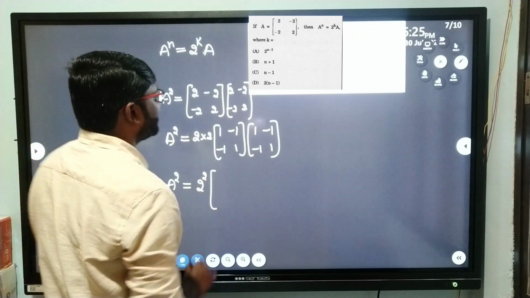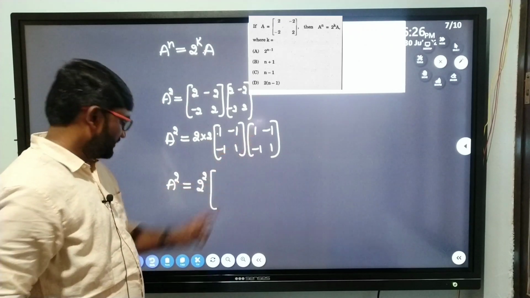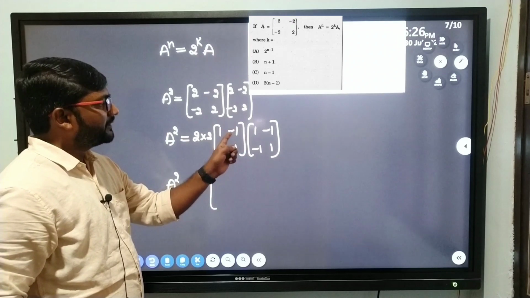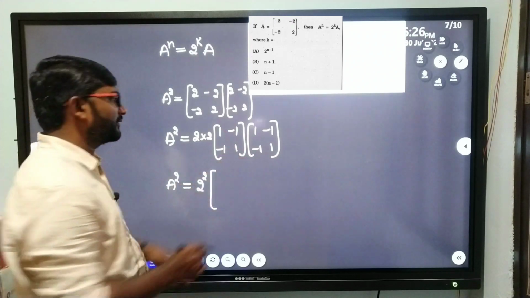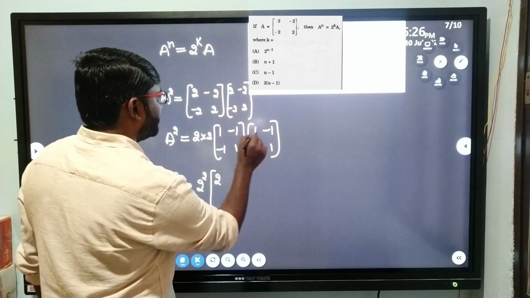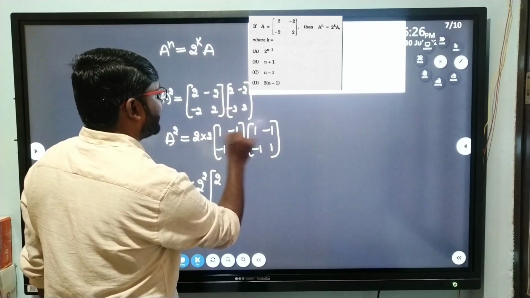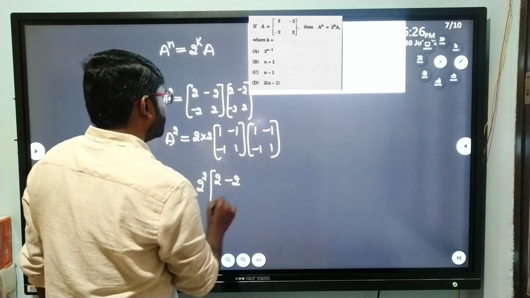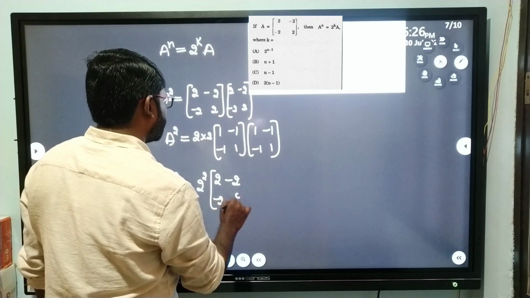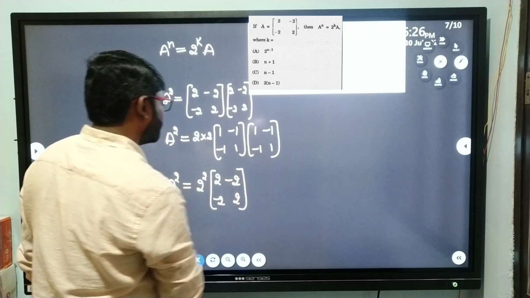Now multiply these two matrices. 1 into 1 is 1, 1 into 1 is 1, so 1 plus 1 is 2. First row with the second column, it is -2, and this is also -2, this is +2.